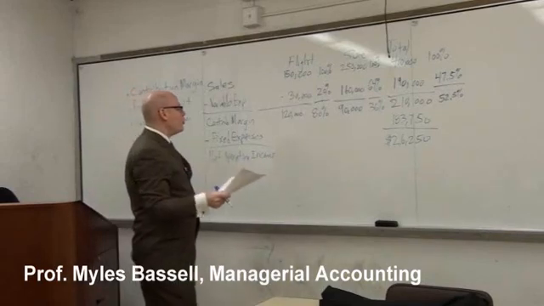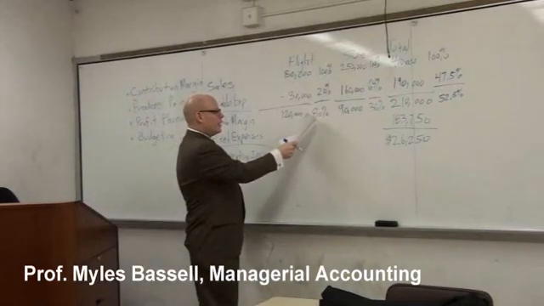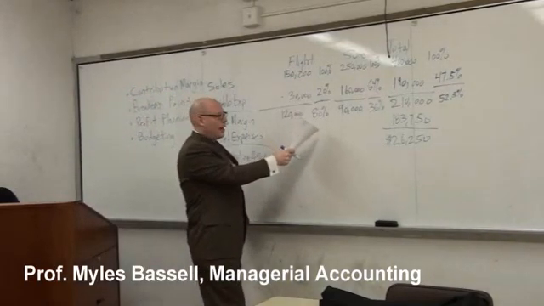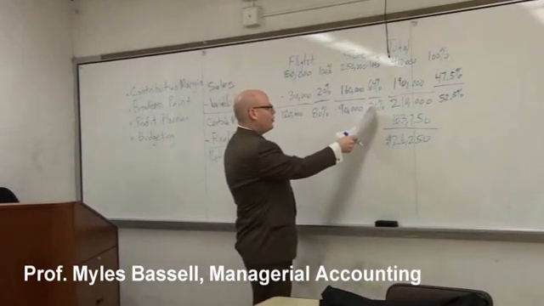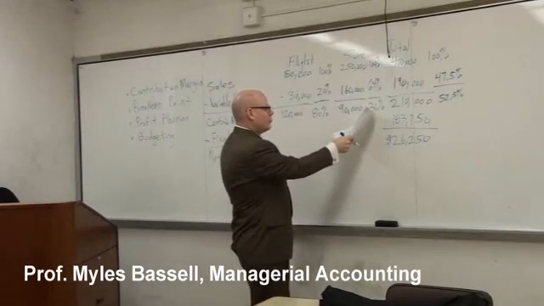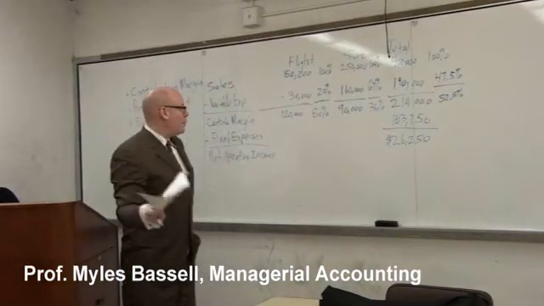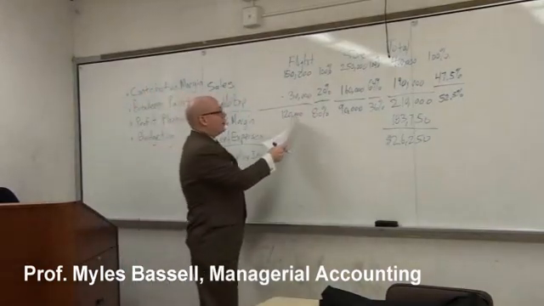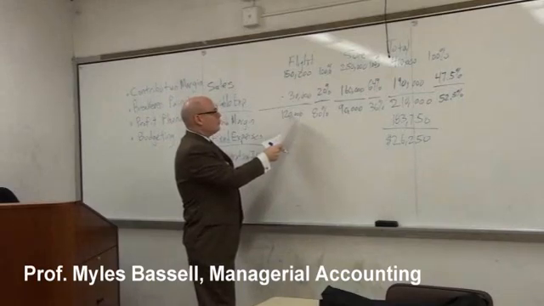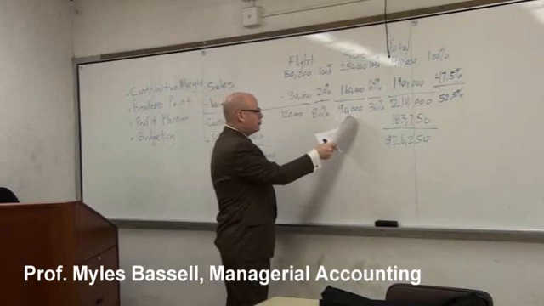So the contribution margin is 80%, and here the contribution margin is 36%. So regardless of the total dollars, it just so happens that in this case, the total dollars in contribution margin is greater.